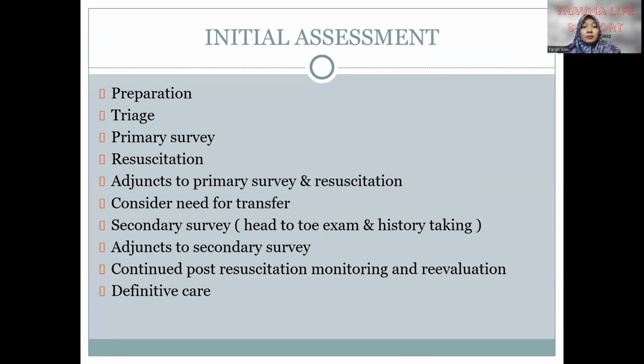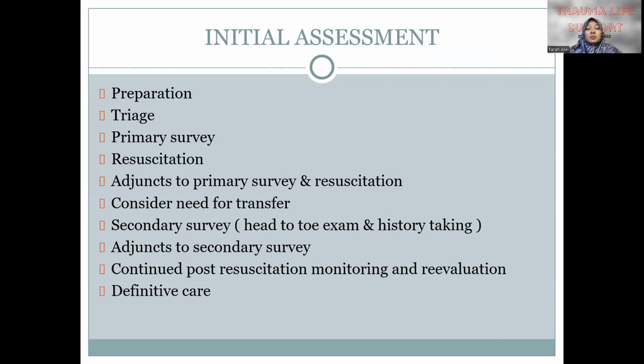Then the primary survey, resuscitation of the patient from the primary survey findings, and then we have to perform adjuncts to primary survey. By then, if you are in a trauma center, in pre-hospital care, or in district hospitals or in klinik kesihatan, you need to consider whether you want to transfer the patient by this time or not.